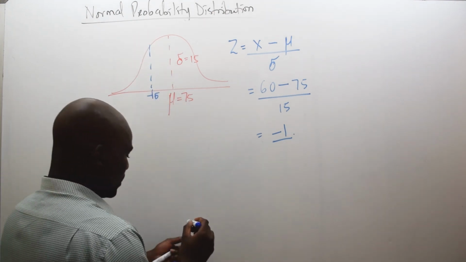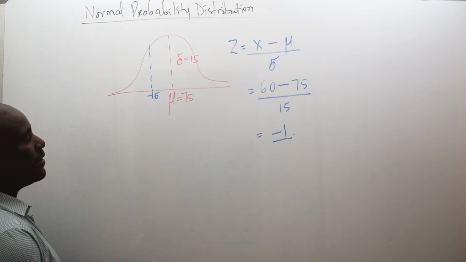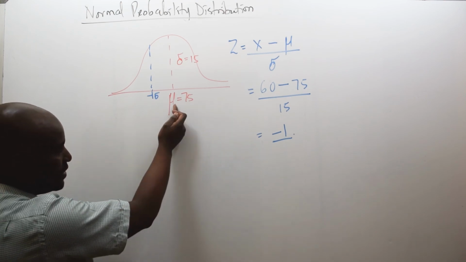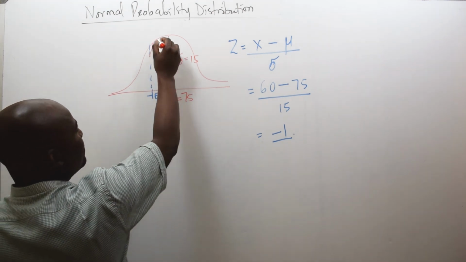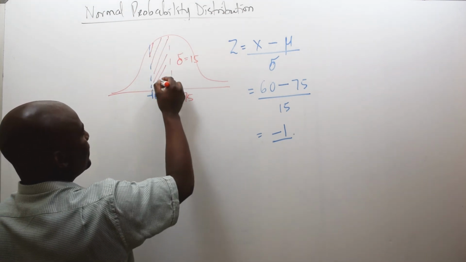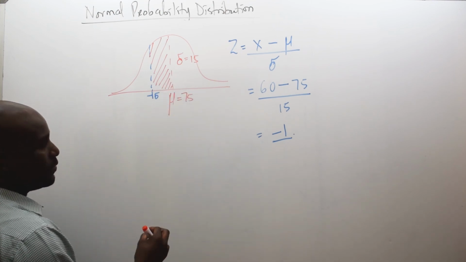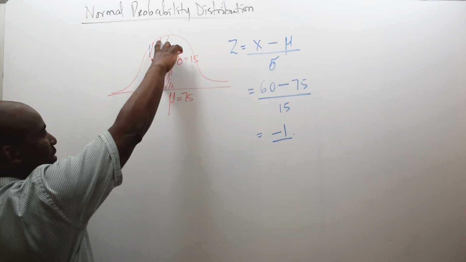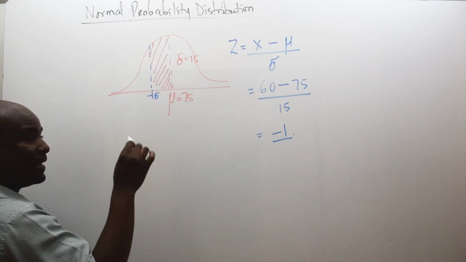The probability would give you a calculation of the area from the mean mu to that 1. When we check under the table, we're going to get the probability of this shaded area. But the question says less than.